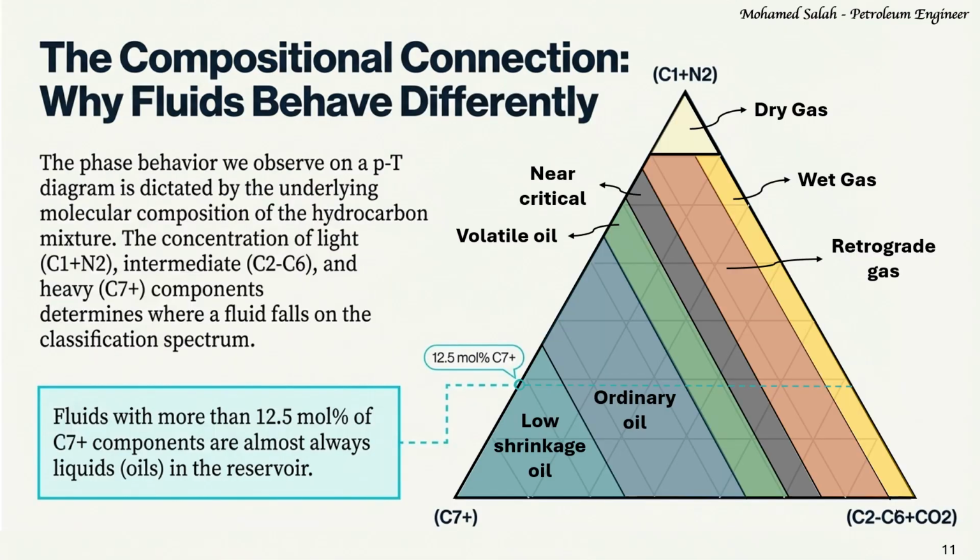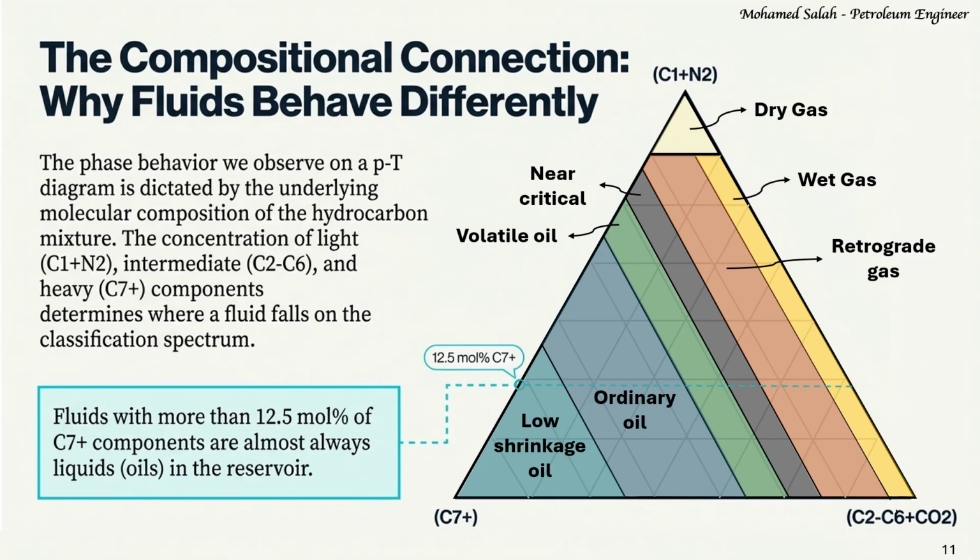The phase behavior we observe is a direct consequence of the fluid's molecular composition. The composition is typically broken down into light components, primarily methane and nitrogen, intermediate components, C2 through C6, and the heavy components, C7+. The triangular diagram visually represents this compositional connection.